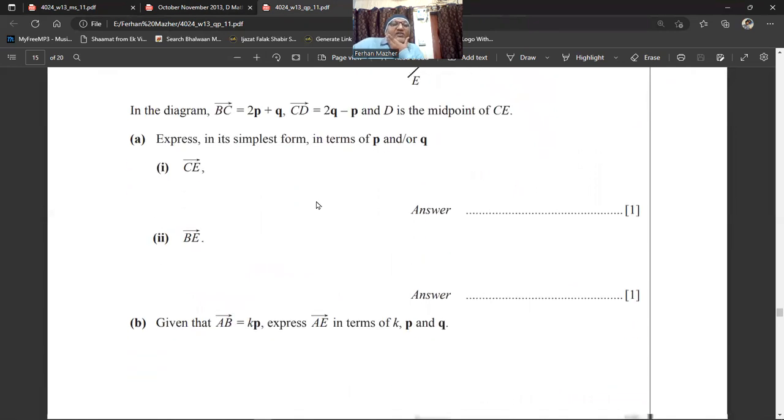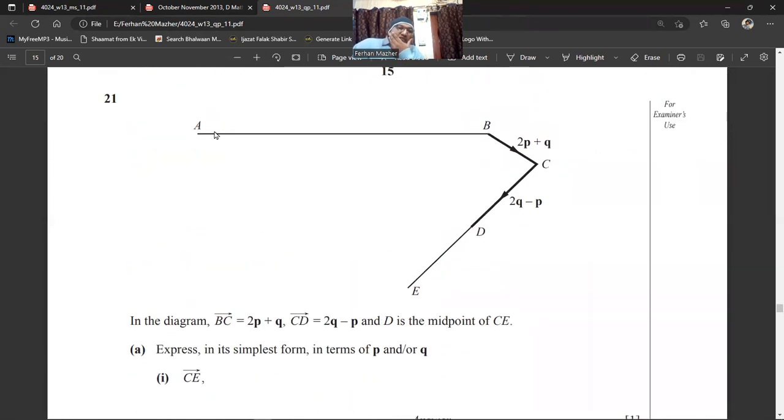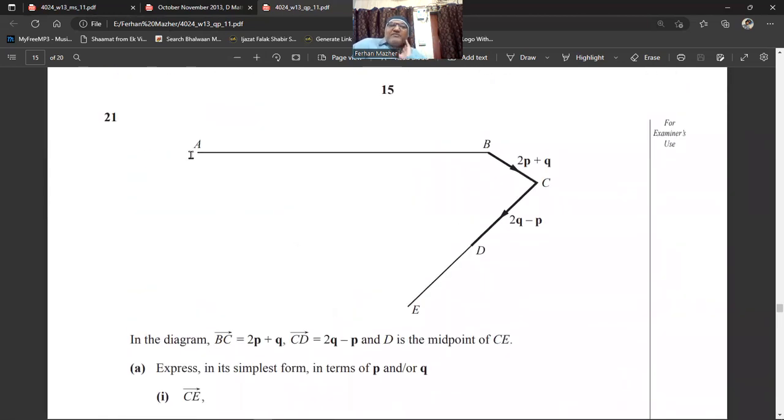They want me to find the value of AE, from A to E. You can go by the bypass A to B, B to C, C to E, or A to B and from B to E. We just found the value of BE.